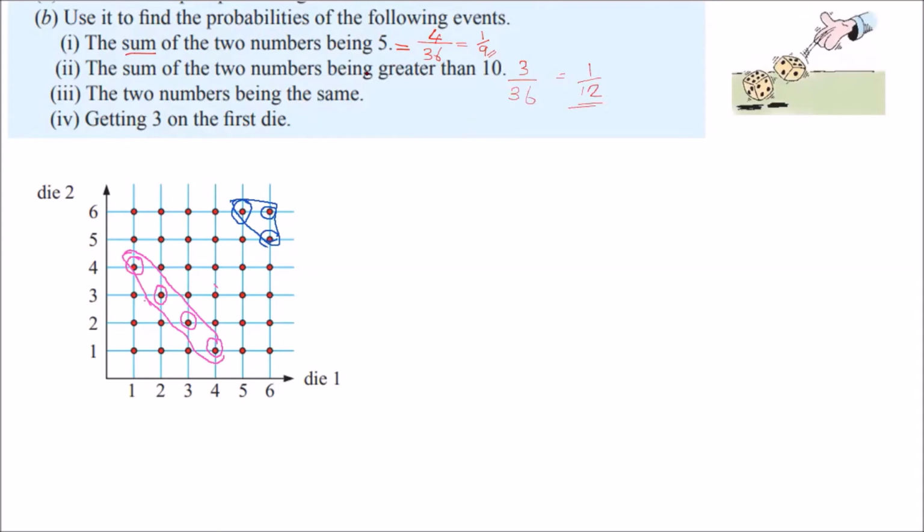Next one, the two numbers being the same. How many events are there? What is the probability? 6 over 36. Now, two numbers being the same means 1, 1, 2, 2, 3, 3, 4 from both coins, 5 from both coins, or 6 from both coins.